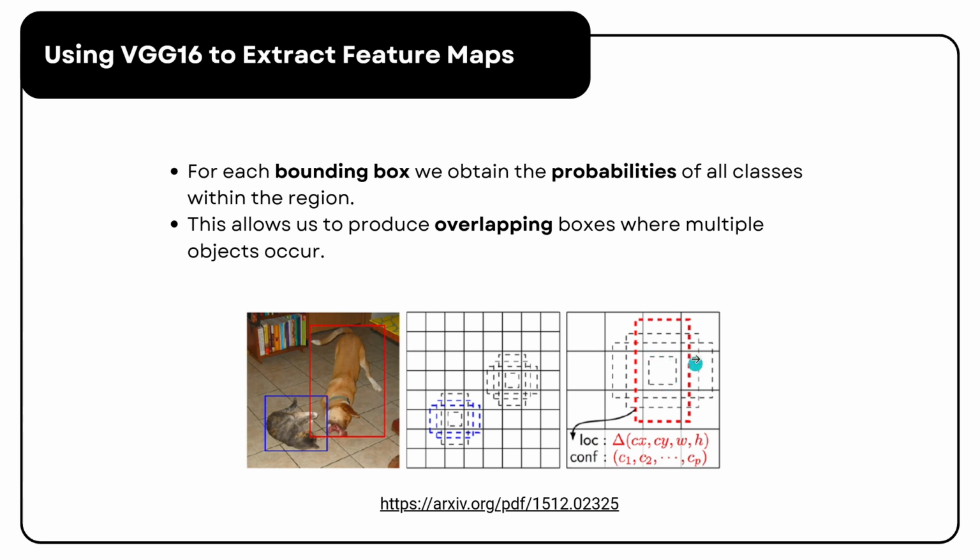That's completely intentional. It gives the model a chance to pick the best box later during non-max suppression, or NMS. These overlapping predictions, powered by feature maps from VGG16, make SSD both fast and flexible in detecting objects of varying size and positions.